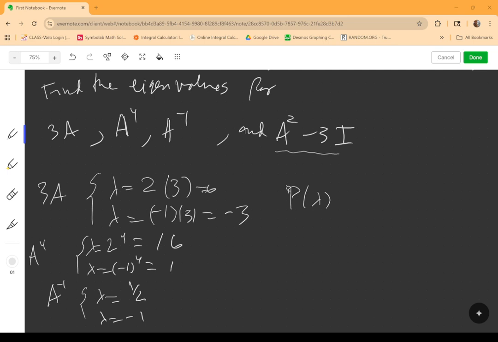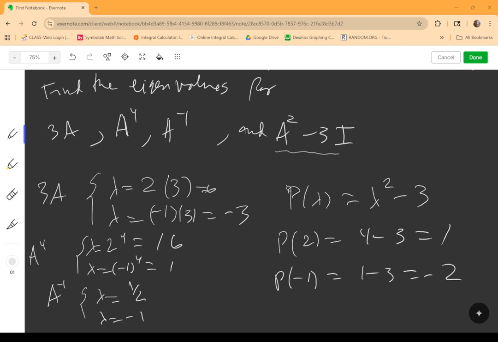So our polynomial in lambda is going to be lambda squared minus 3. That means that p of 2 will be 4 minus 3, which is equal to 1. And then p of -1 is 1 minus 3, which is equal to negative 2.